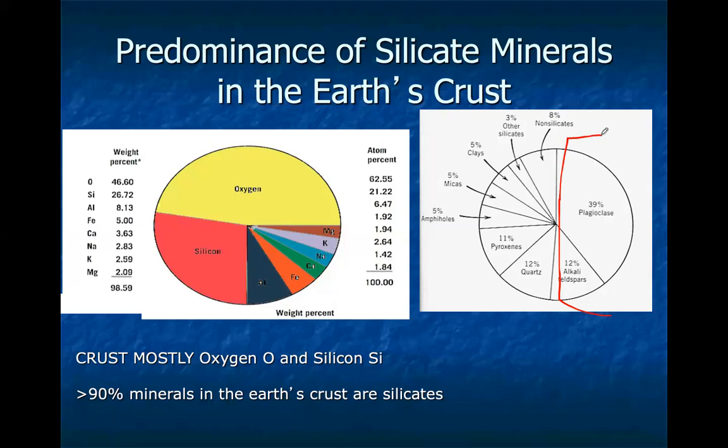The plagioclase feldspars are mainly almost 40%, and alkalis around 12%. And you can see the remaining is quartz 12%, pyroxenes 11%, amphiboles 5%, micas 5%, clays 5%, and other silicates. So I think so far you have learned about the minor types of other silicates.